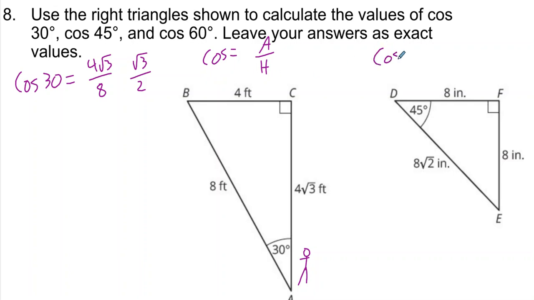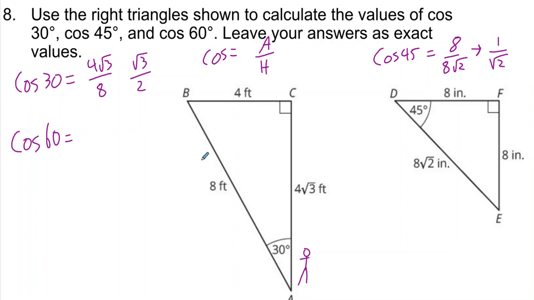The cosine of 45 degrees, 8 is my adjacent, this is my hypotenuse of 8 square root of 2, so that's going to be 8 over 8 square root of 2, and that's going to reduce to 1 over square root of 2. I want you to do cosine of 60 degrees.